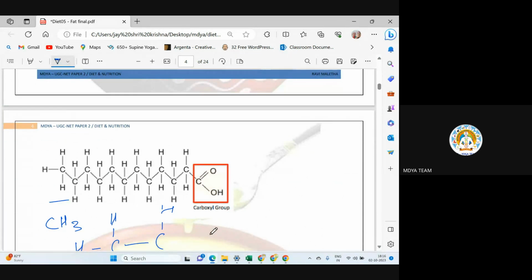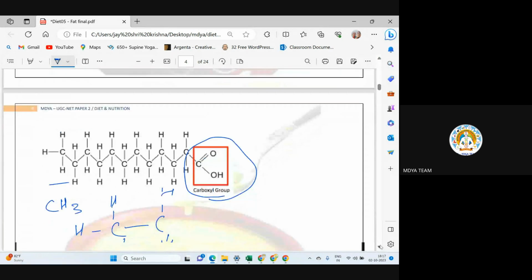And at the end, there will be one carboxylic acid group, meaning C double bond O single bond OH. Any doubt in this structure of fatty acid? No, sir. Okay.